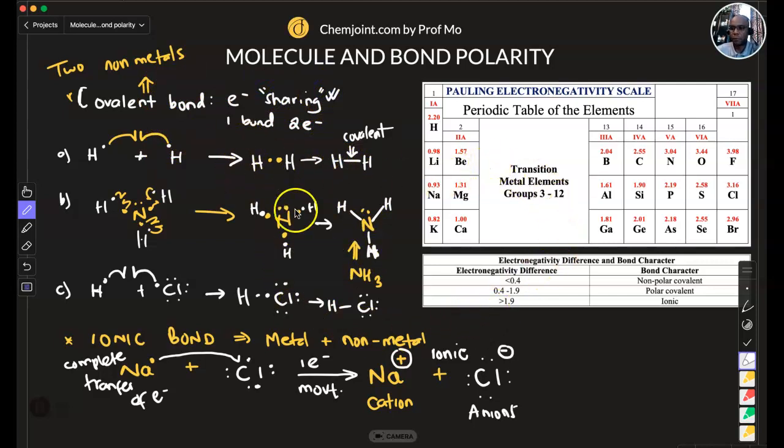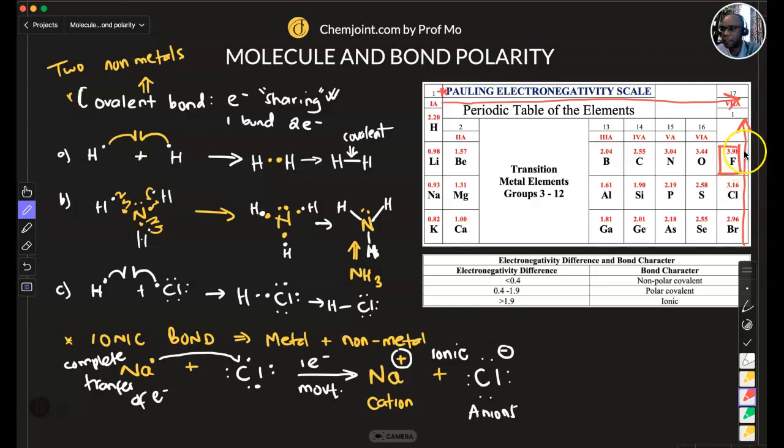Now, apart from using this analogy, there's a scientist called Pauling that came up with a table of electronegativity values. We know naturally that electronegativity increases going to the right of the periodic table and going up. You'll see that fluorine has the highest electronegativity value.